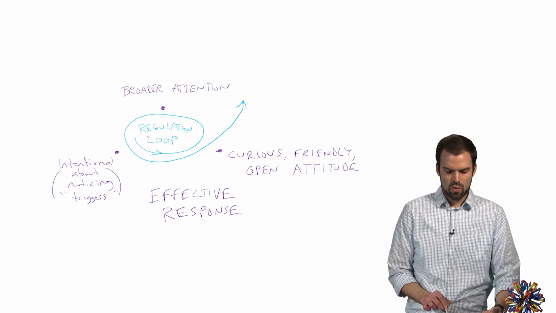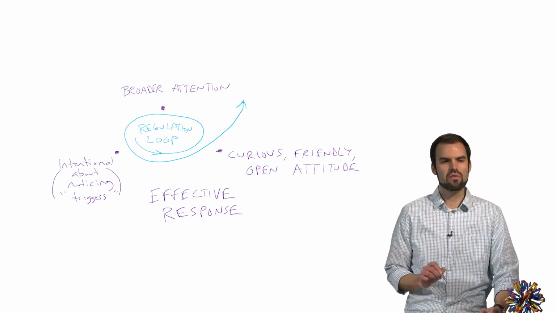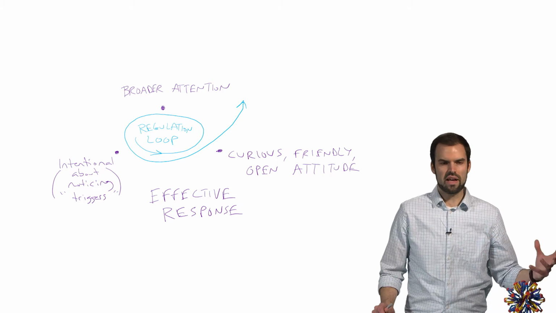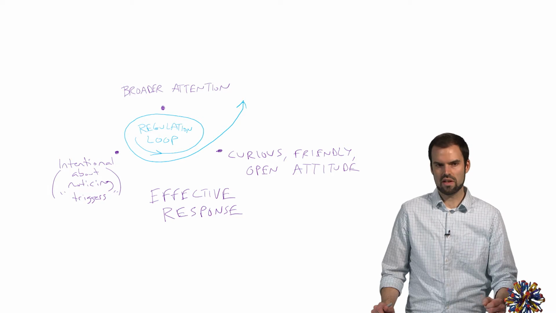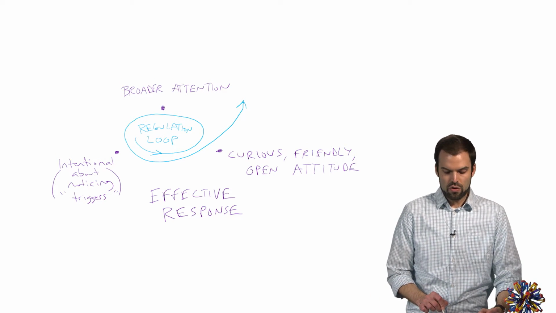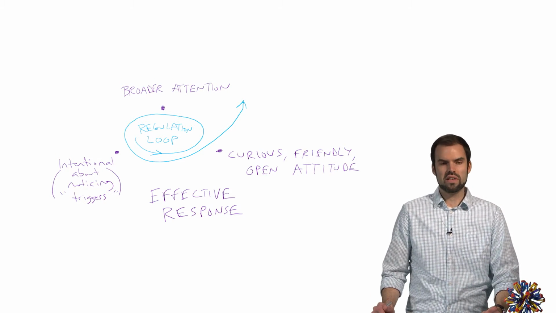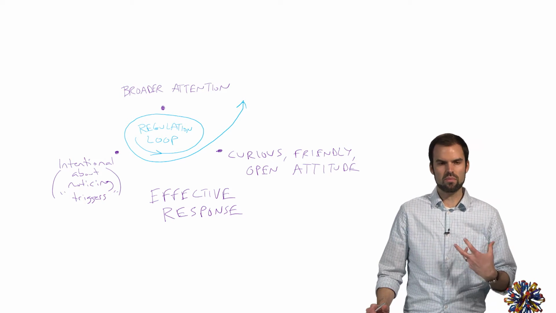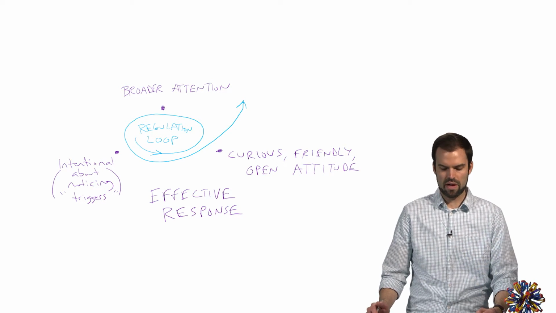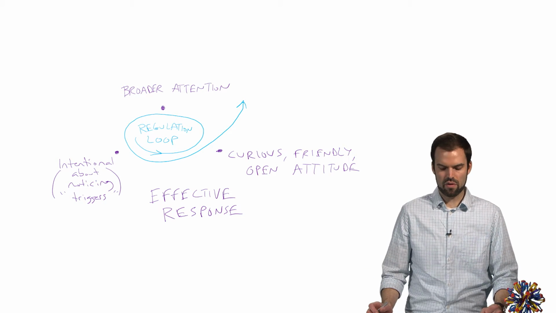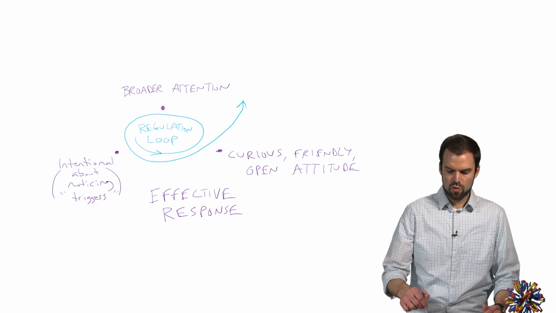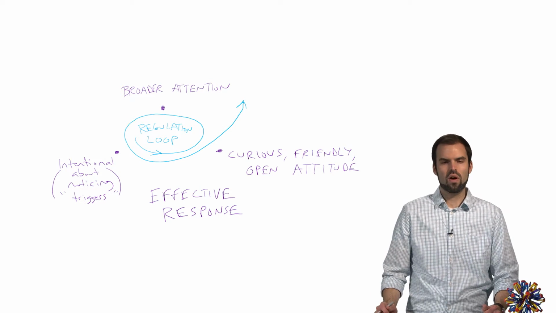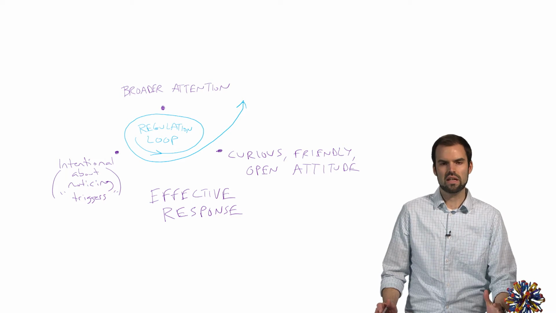Let's take a look at the regulation. So in the regulation, we start out by being intentional. First off, about noticing the triggers. So you've looked at those stress constellations. And when you start to notice the triggers of those stress constellations, then you naturally will move into a broader attention, noticing a wider perspective. Oh, I'm triggered right now. I can feel what's happening in my body. And you start to notice everything else that's happening around you. And then from this broader attention, you can move into the supportive attitude, one that is curious, that's friendly, that's open, that's compassionate, that's kind.